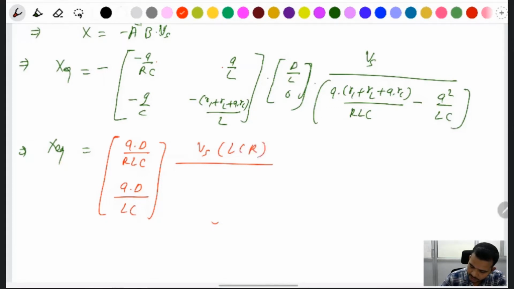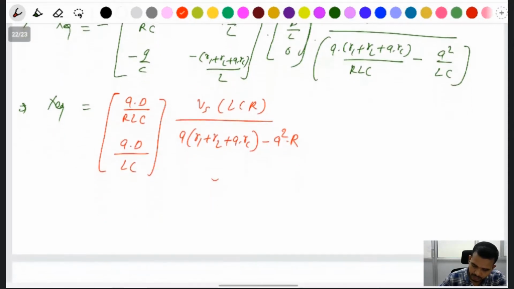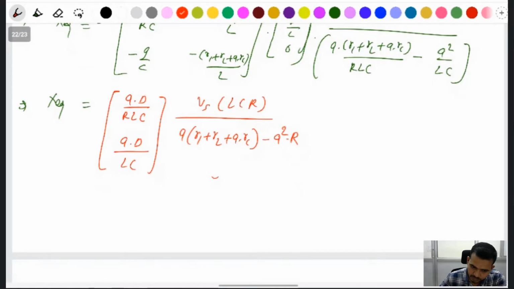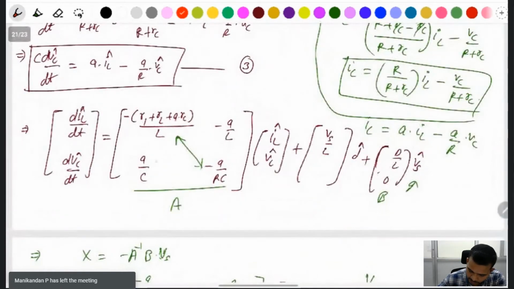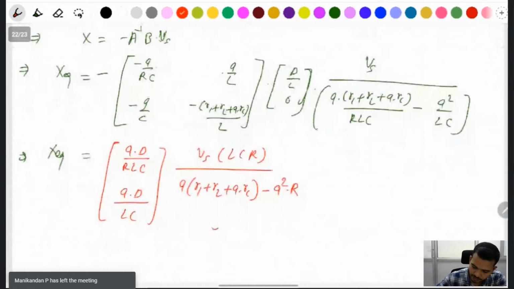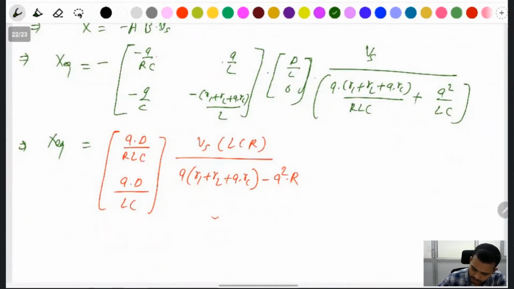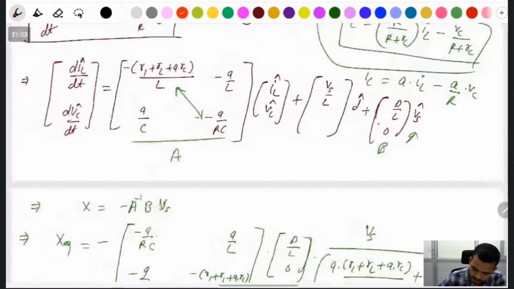LCR. If you take LCR common, and LC into bar here, then find A R1 plus RL plus A into RC minus A square into R. This one will multiply by this one minus, and minus and determinant, this one is plus, not a negative sign.